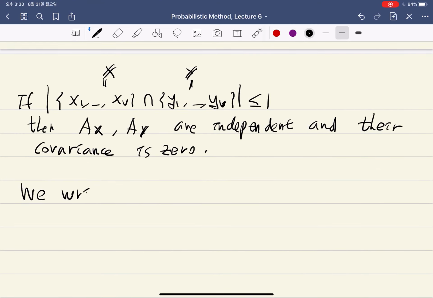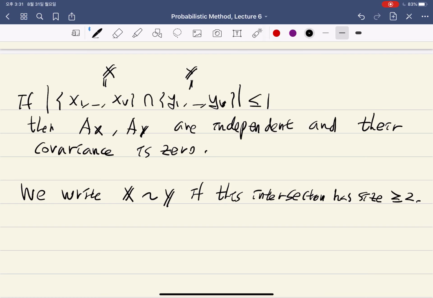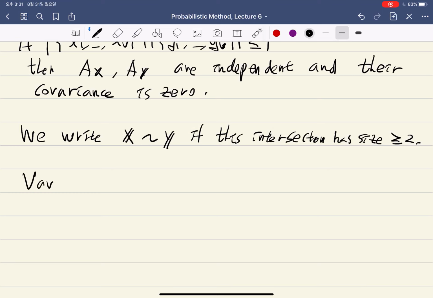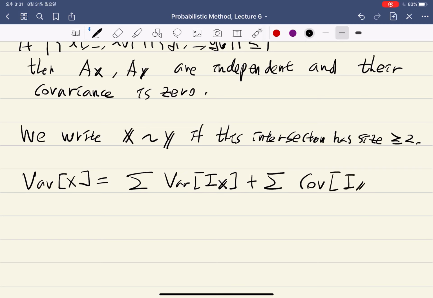So let's say x is related to y if this intersection has size at least 2. Then the variance of X is the same as the summation of the variance of I_x plus the summation of the covariance of I_x and I_y, where x and y are related.